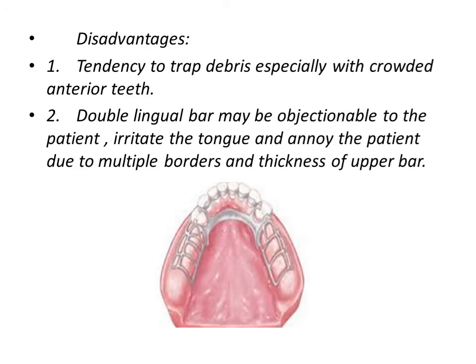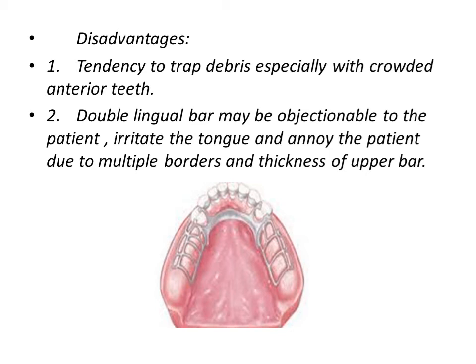Disadvantage of this bar: number one, it has a tendency to trap debris, especially with crowded anterior teeth, because its two bars are connected at the ends with a minor connector and rests. It has a tendency to trap debris and food.